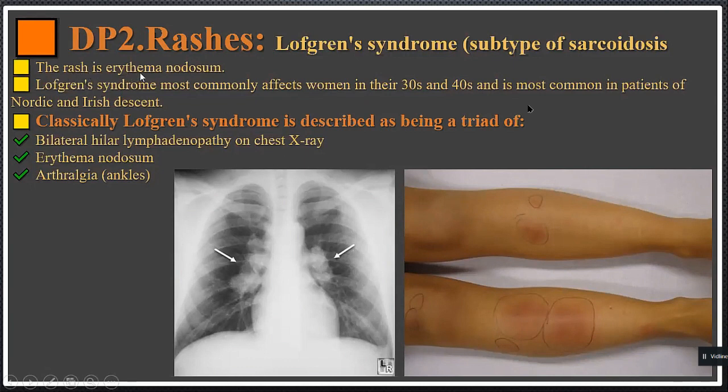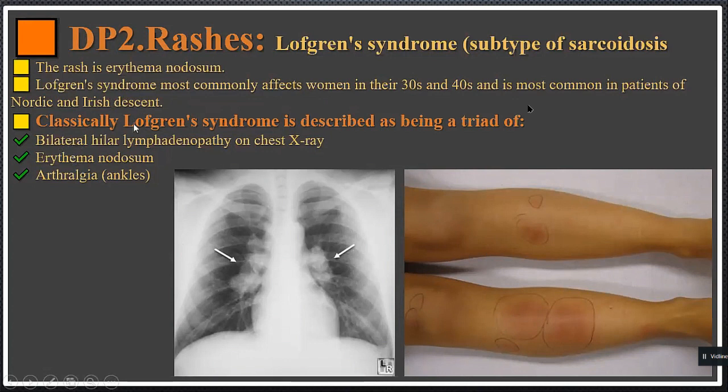So here the rash is erythema nodosum, and Lofgren syndrome most commonly affects women. So you will find in the scenario, for example, a 30 or 35 or 40 year old lady, most common in patients of Nordic and Irish descent. For example, they will mention the country.